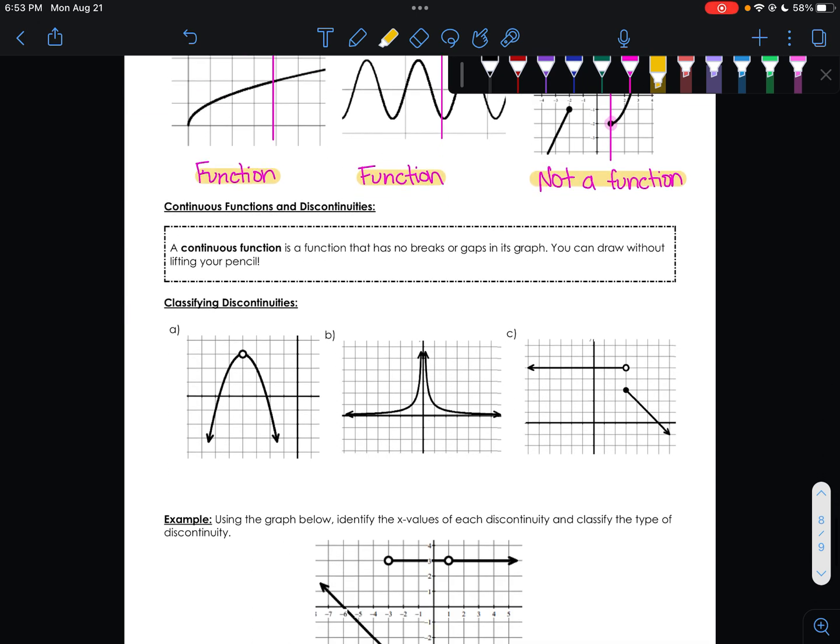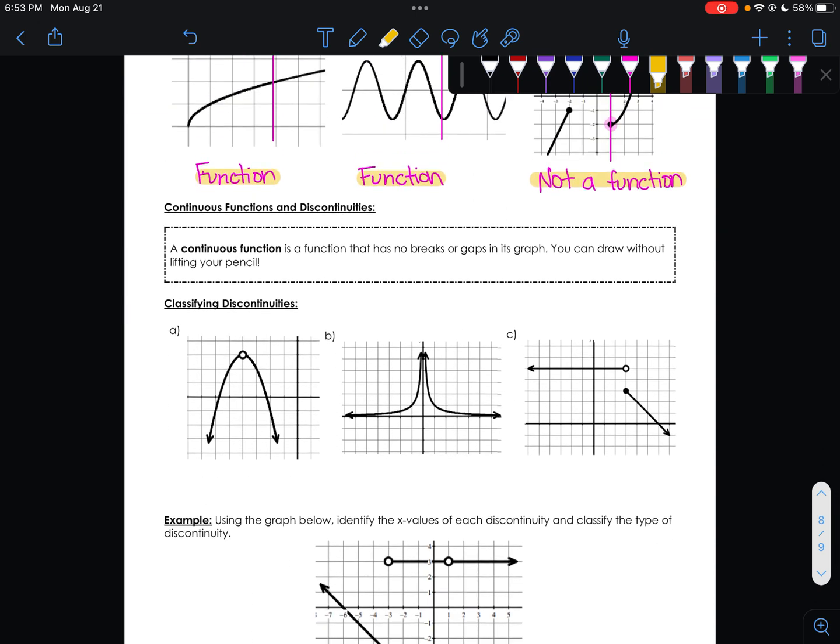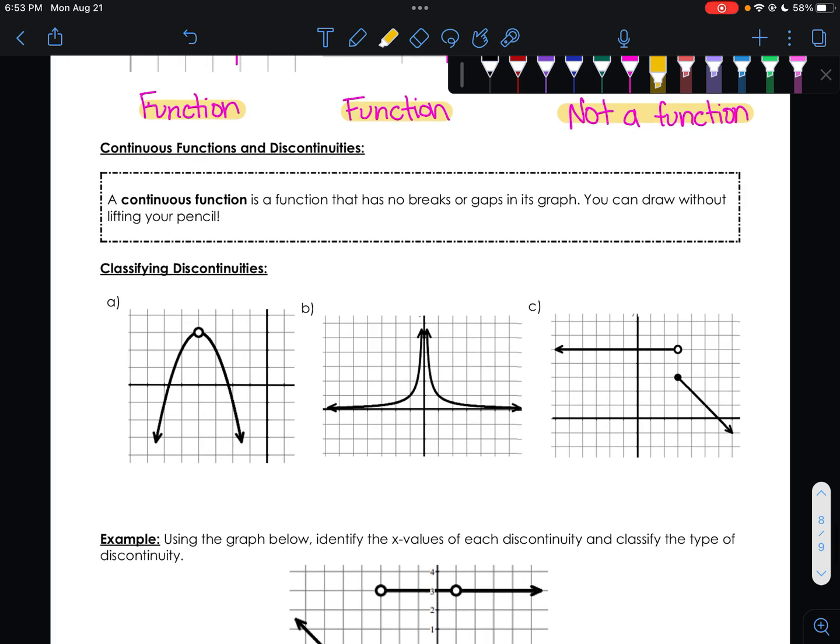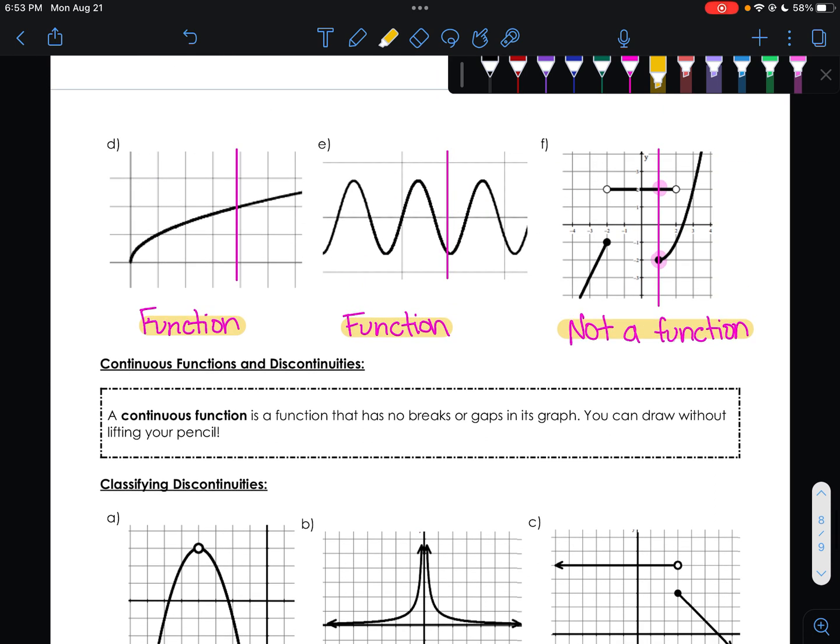The last piece this time is talking about continuous functions and different discontinuities. So a continuous function is a function that has no breaks or gaps in its graph. You can draw it without ever lifting up your pencil. Okay, so if I try to trace graph D, I could start here and graph it and never have to pick up my pencil.